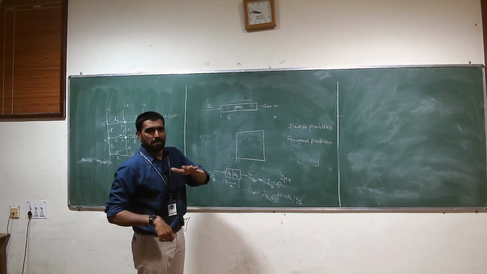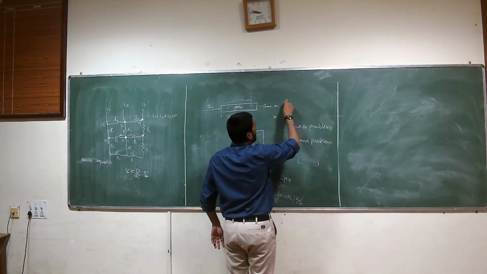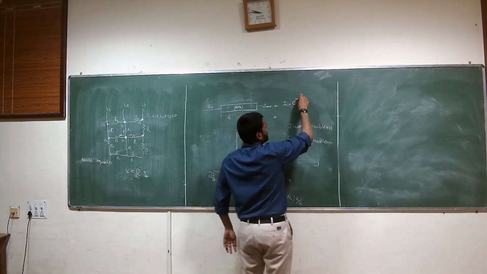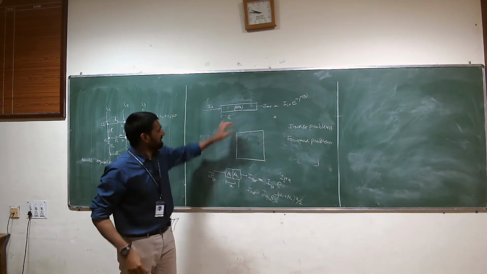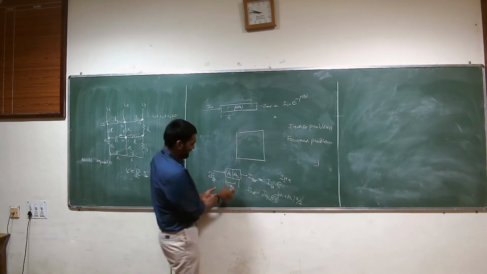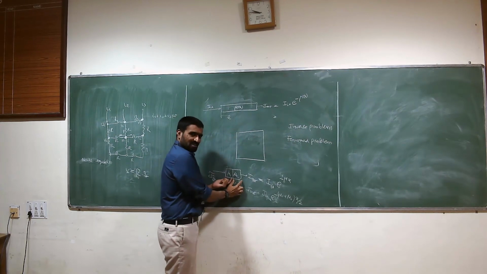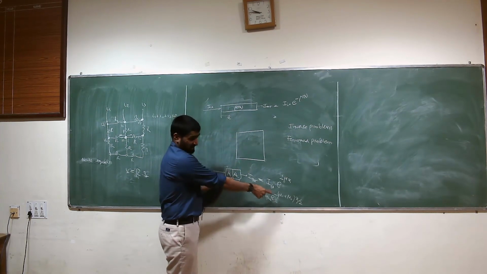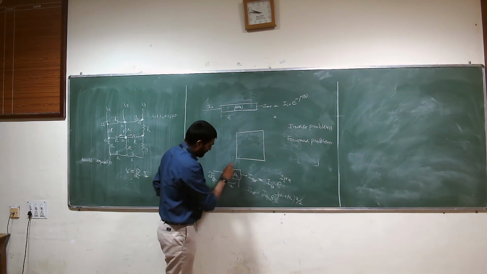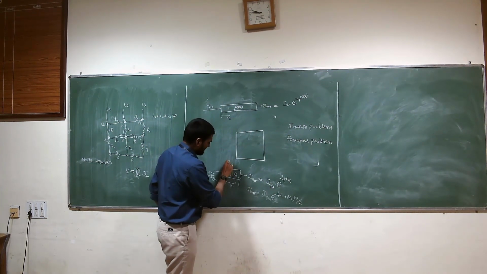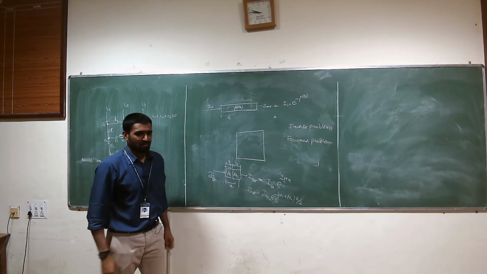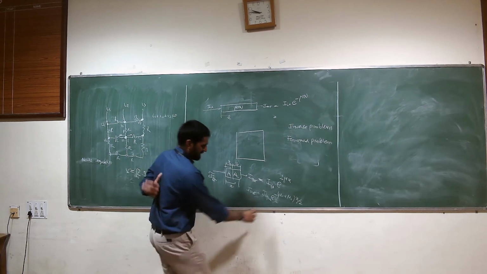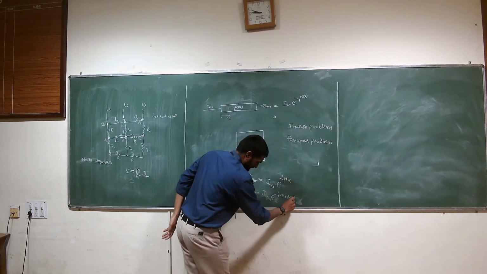Maybe before that, what if this was length x1 and this was length x2? How would this change then? So it won't be like this. This will be mu1 x1, mu2 x2. That's clear.